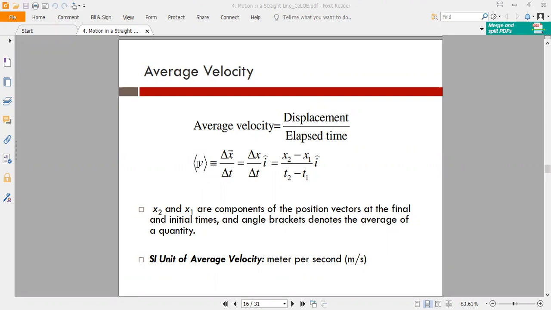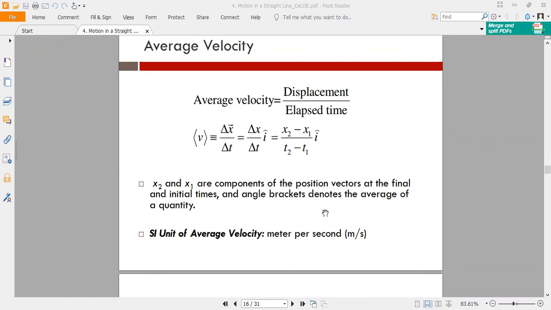Okay, so the average velocity is equal to delta x, the displacement, over elapsed time, delta t. Okay, it's still on the same axis, so it's one dimensional, so it's still easy. And the unit of the average velocity is meter per second.